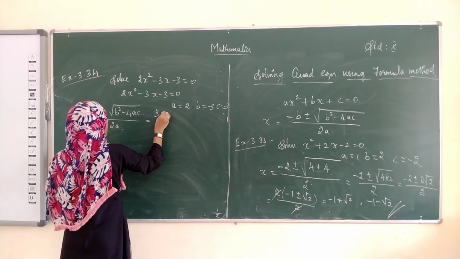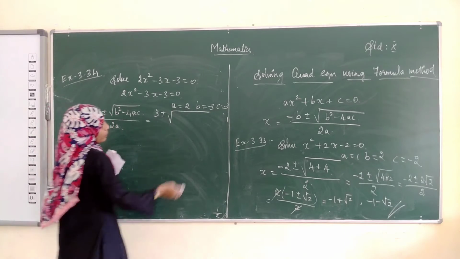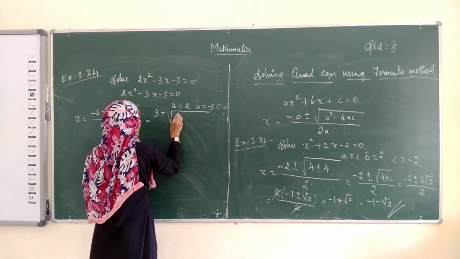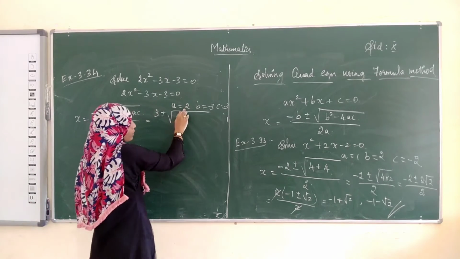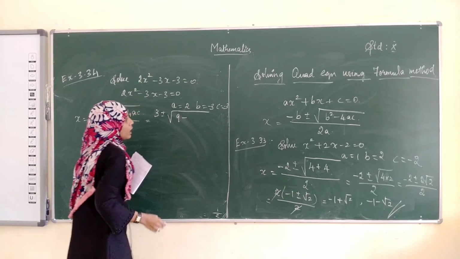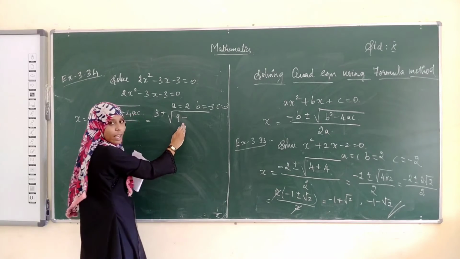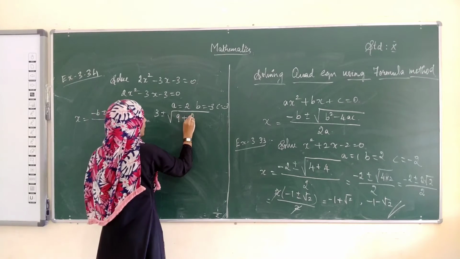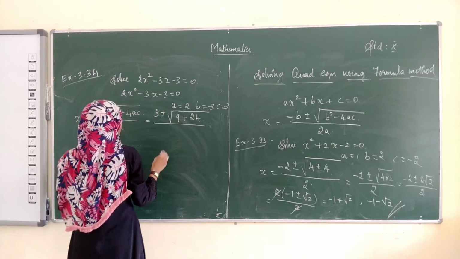So plus 3, plus or minus root of b square. Minus 3 into minus 3 is 9. b square minus 4 into a into c. 4 twos are 8. 8 into c. 8 into minus 3 is minus 24. And we have minus here, therefore it becomes plus 24, divided by 2 into a.